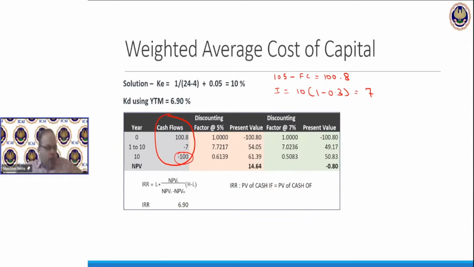Varsha, yes, we are talking about the existing debt, that's why we are using that market price. Guys, I hope this makes sense. And mind you, we are specifically told that we are looking at the YTM method, right?